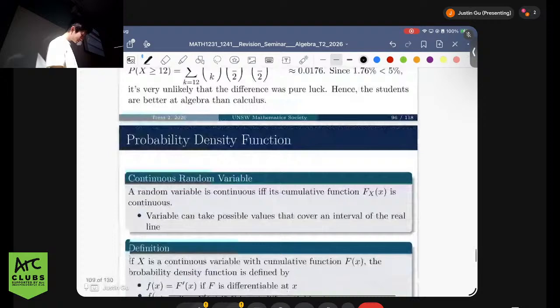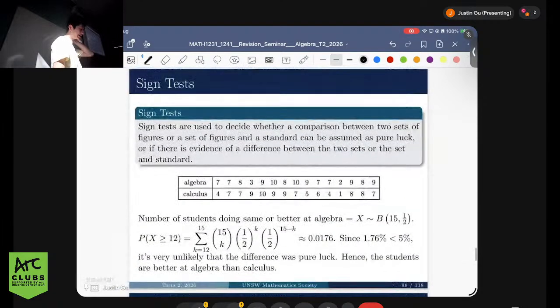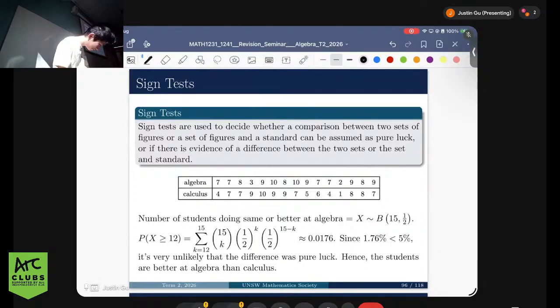Sorry, let's see if there's an example for that. Actually, there is an example here. If we look at this distribution, is there evidence that students do better at algebra than they do at calculus?